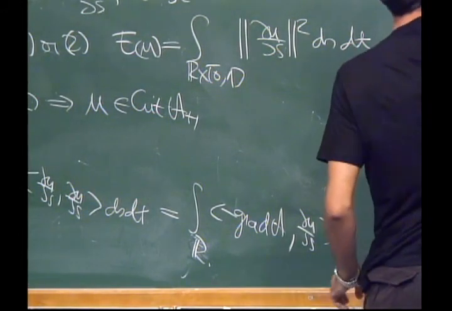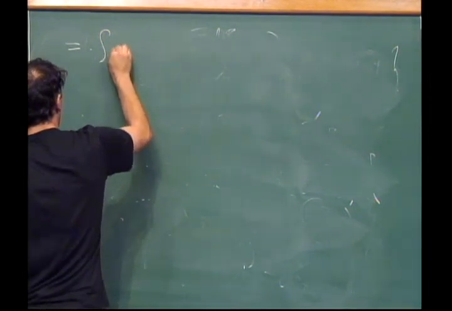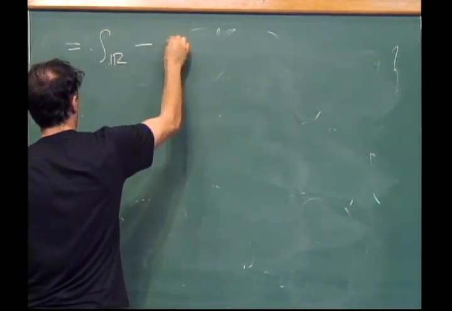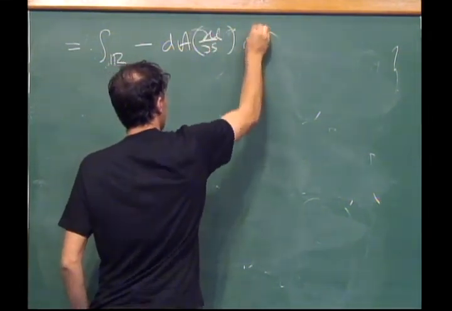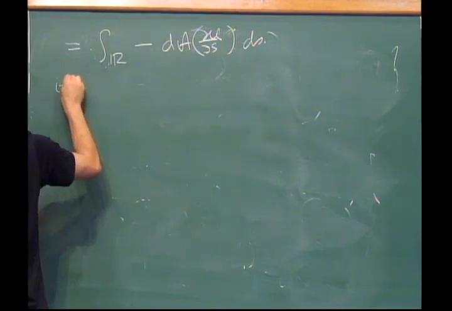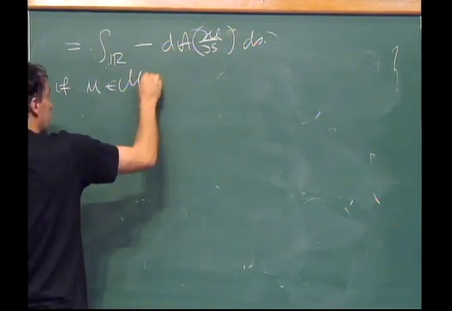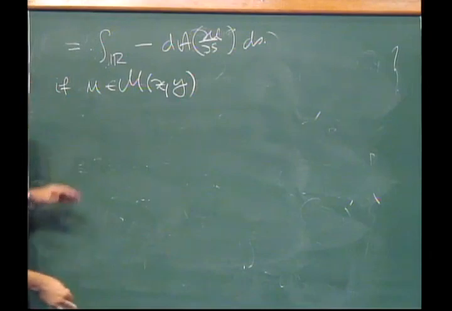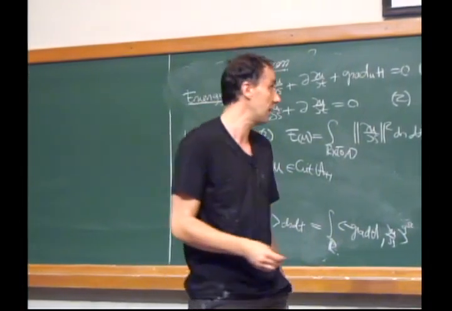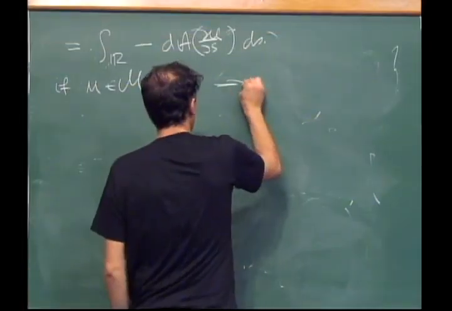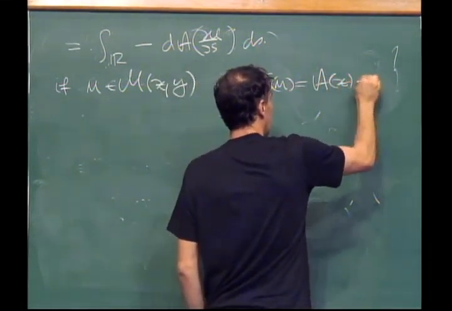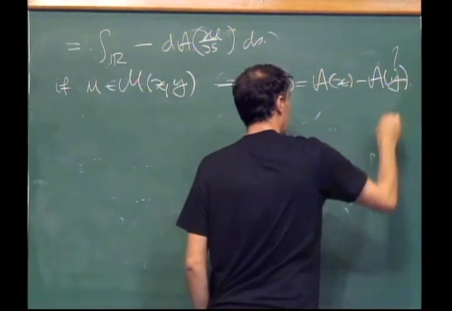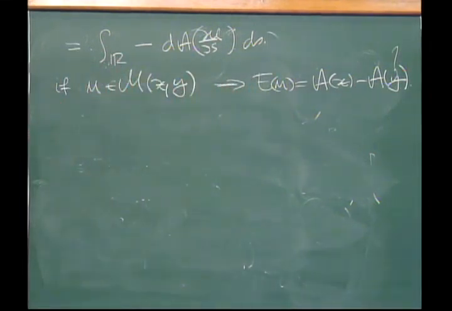So this is equal to the integral on R of minus dA(∂u/∂s), which means that if u is in M(x,y), so if u has limits x at minus infinity and y at plus infinity, then the energy of u is A(x) minus A(y). So the energy is finite.